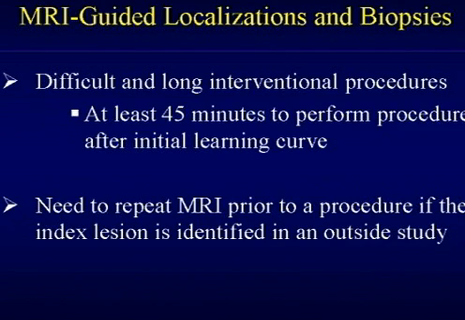Regardless of whether you're performing a needle localization or core biopsy, these are long procedures which will take 45 minutes even after an initial learning curve. And a general rule is you really should repeat the MRI prior to performing a procedure if the index lesion was seen on an outside MR.